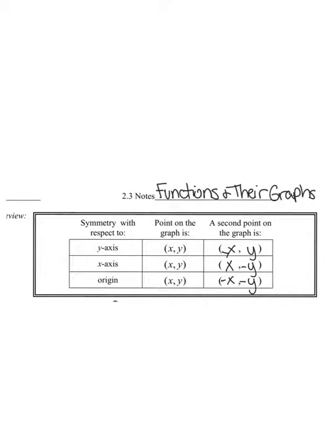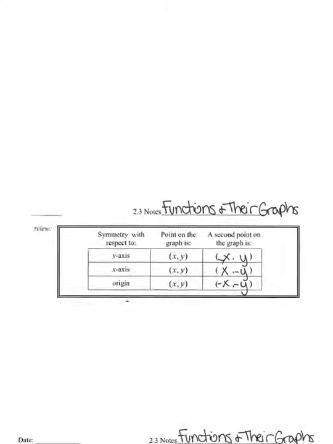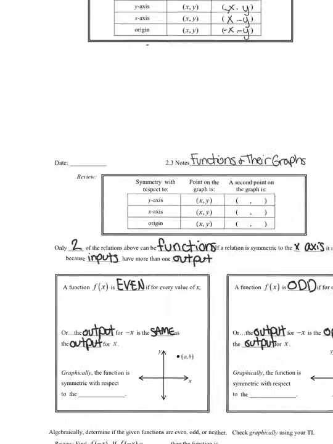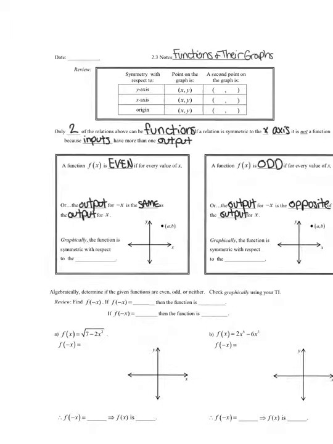Now, of course, not all of these are going to be functions. Remember in 2.1 and 2.2, we talked about a function being a relation that passes the vertical line test. So out of the 3 that we listed above, y-axis, x-axis, and origin, only 2 of those can be functions.